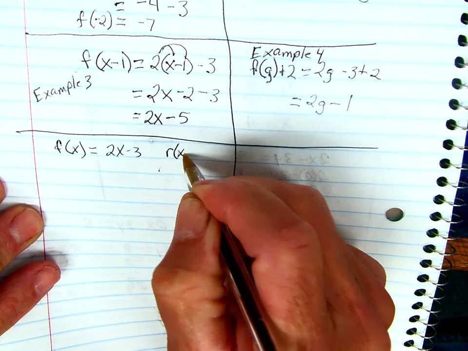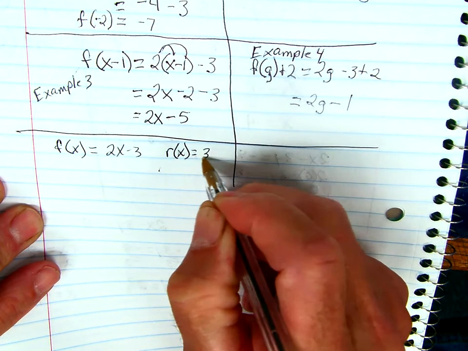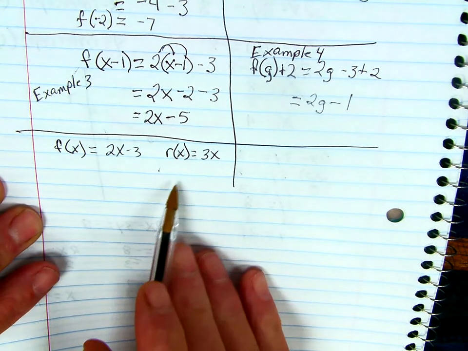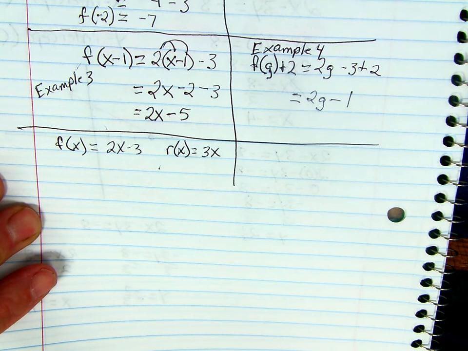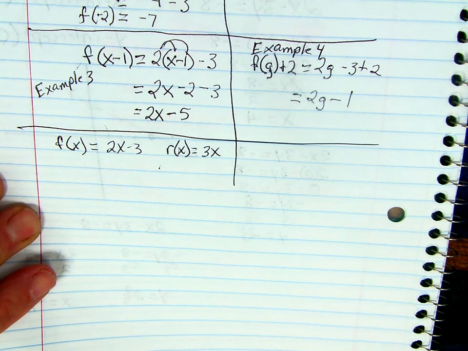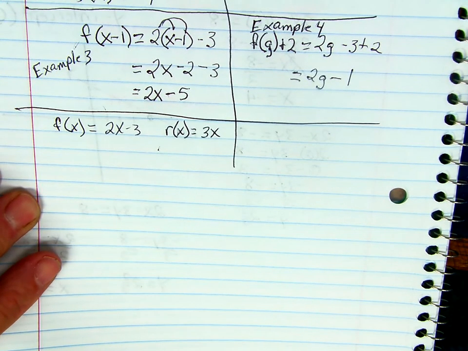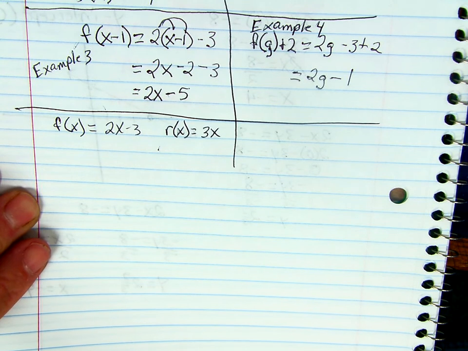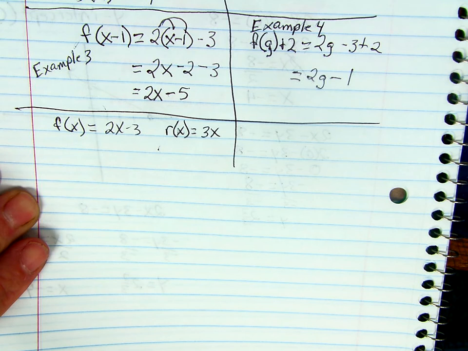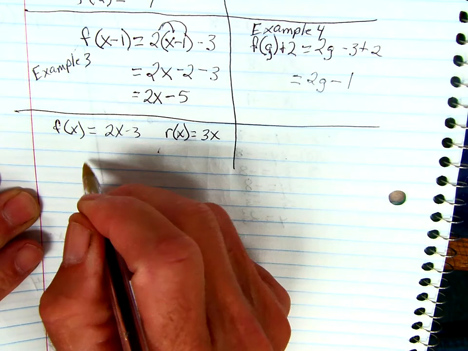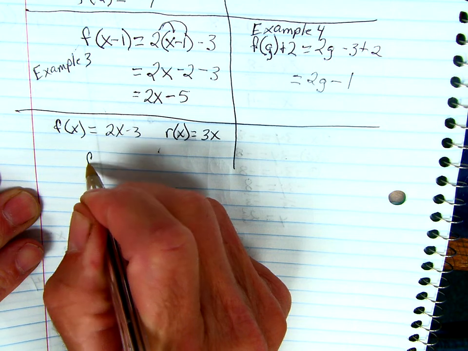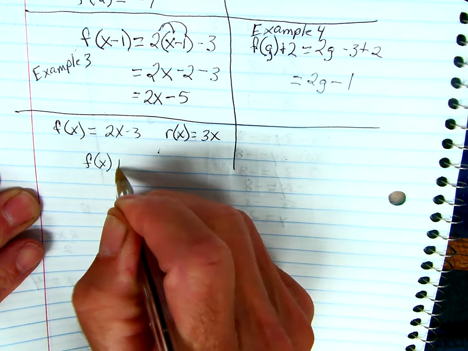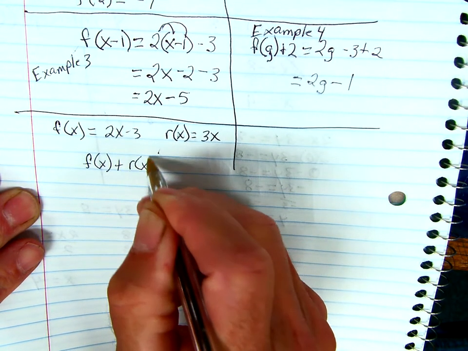R of x equals 3x. And I have f of x plus r of x.